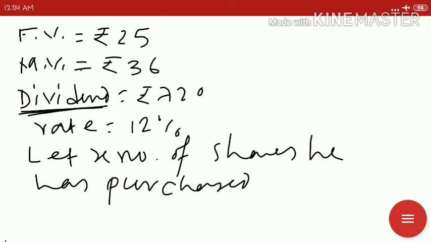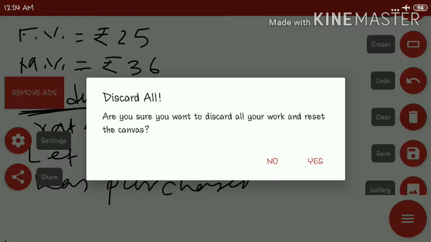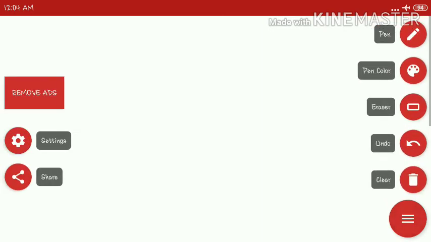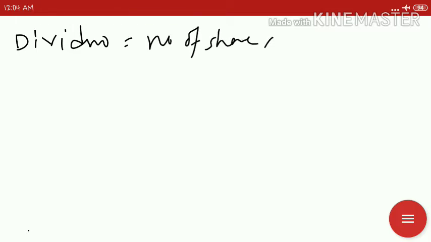That is not given there. We need to find out the X first. So we'll put the formula of dividend. Dividend equals number of shares into face value into rate.